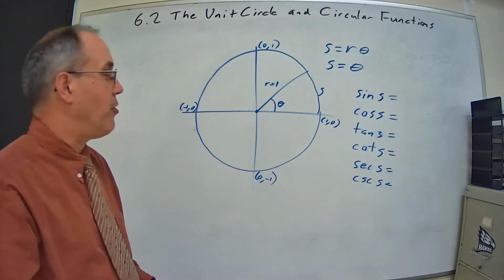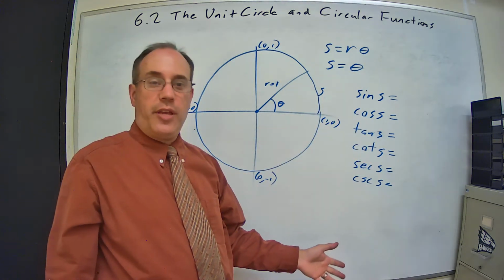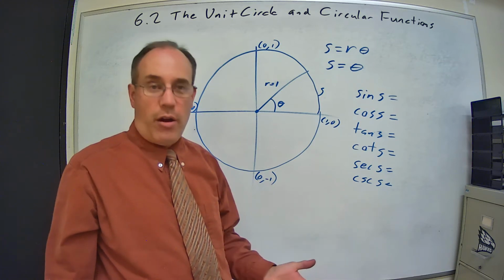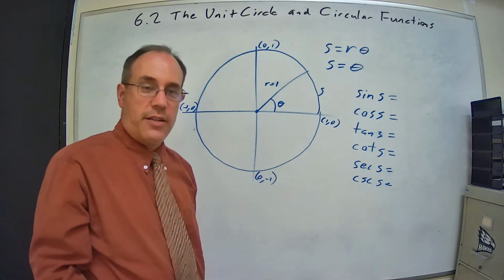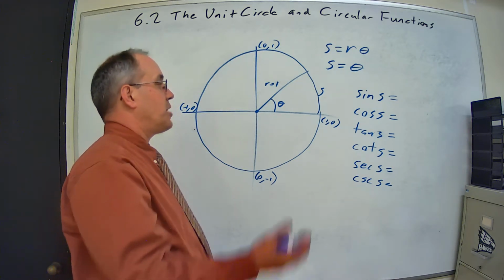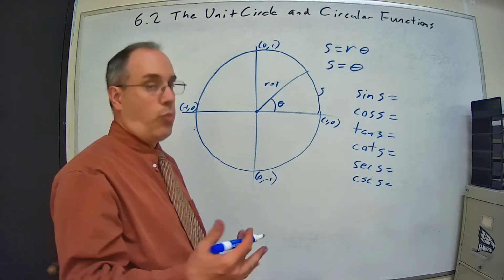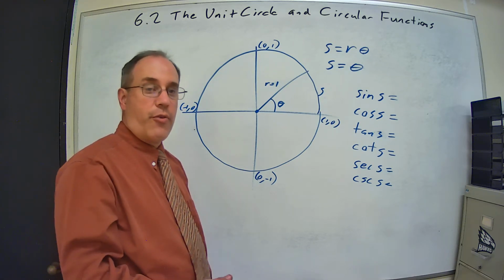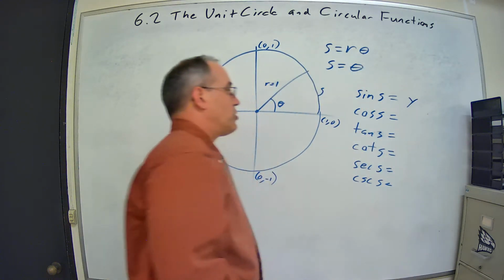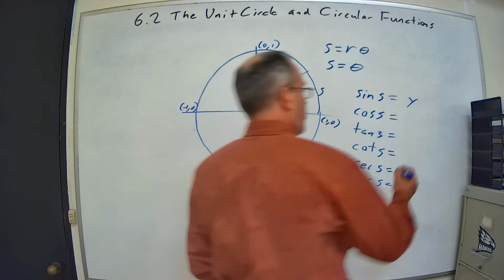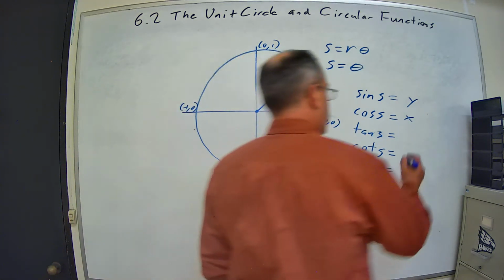And what do we know about those? Well, we know that we can relate these all to x, y, and r. R is equal to 1, so that's going to simplify this. So sine of S is y over r, and therefore, since r is equal to 1, it's just y. Cosine of S, x over r, so x. Tangent of S, y over x.